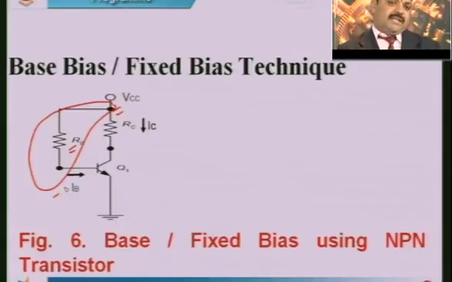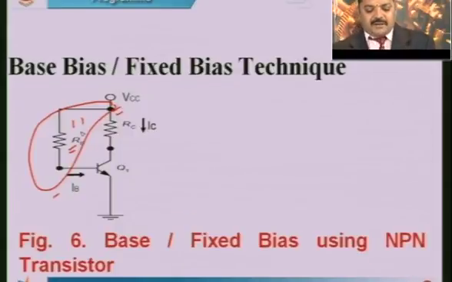When we fix this value RB, it takes care of the BJT operation in the active region, wherein the emitter base junction is forward biased and the collector base junction is reverse biased. This is taken care of by this one fixed resistor. Therefore, it is called the fixed bias technique or the base bias technique.